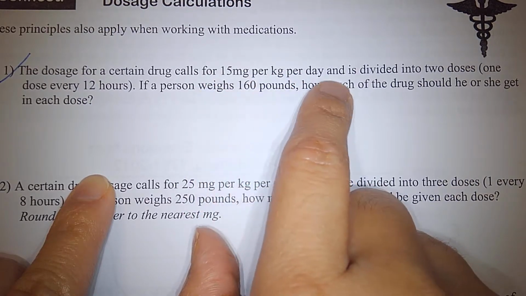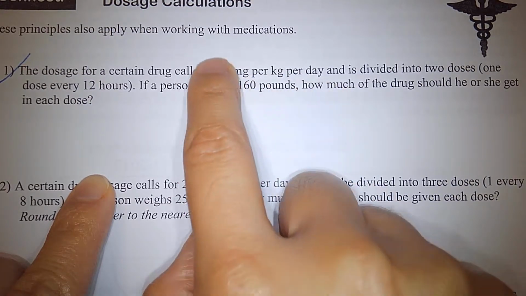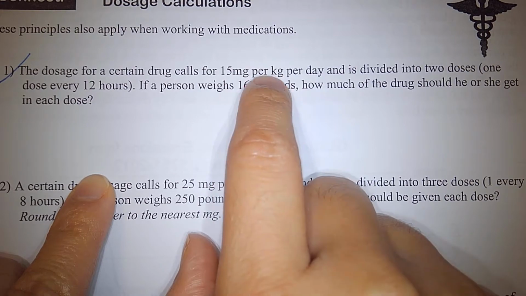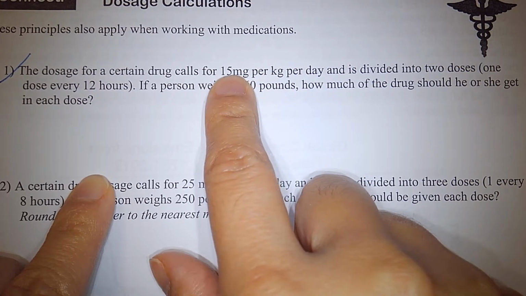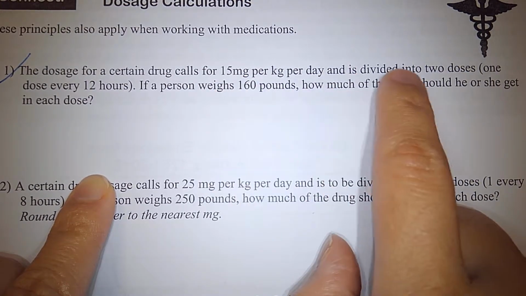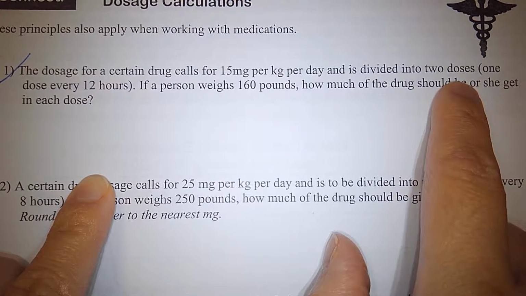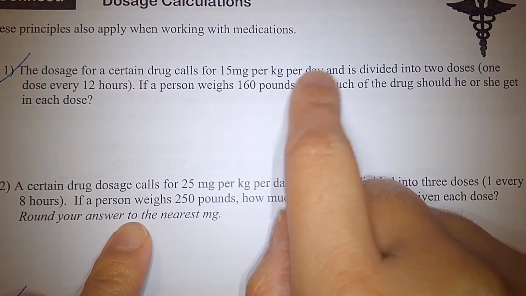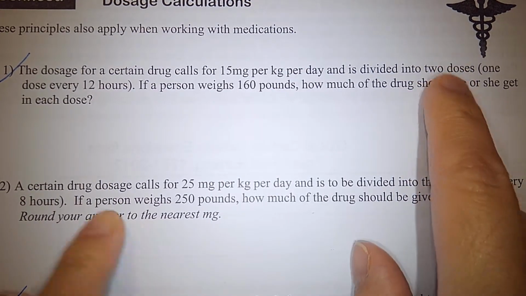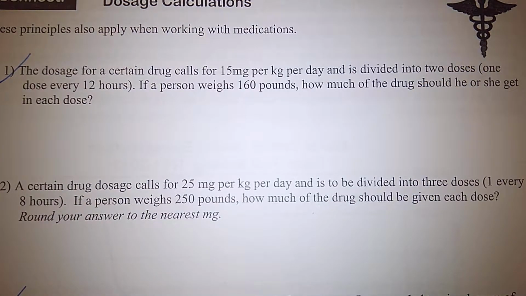The entire day's dosage is this amount. And then we have to divide our dose into two. This is per day. We have to divide it into 2 because each time you're not going to give the patient the entire day's dosage, okay?